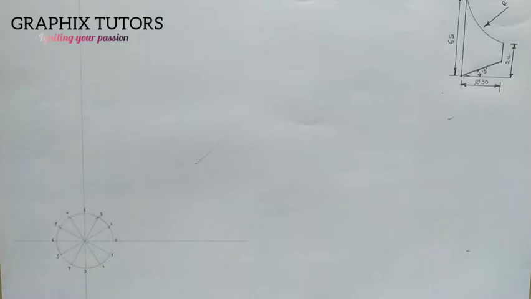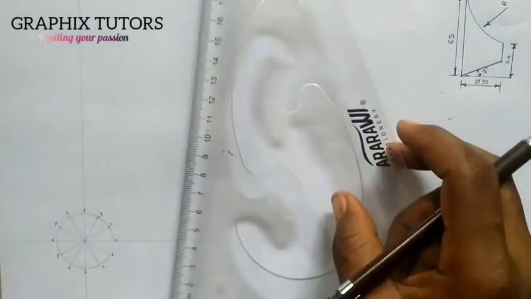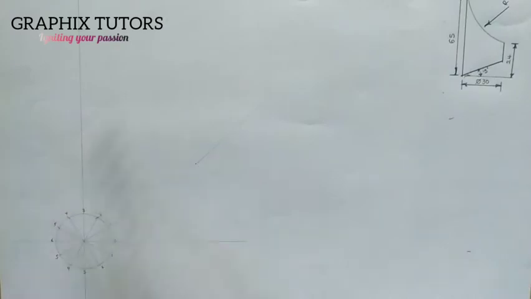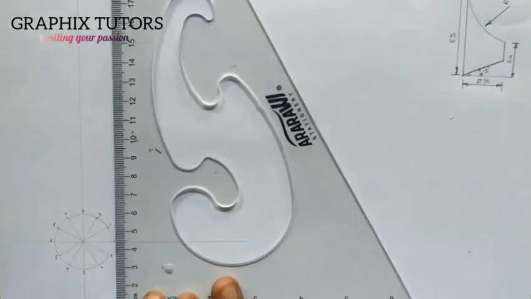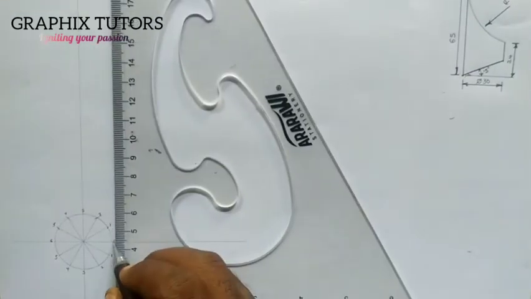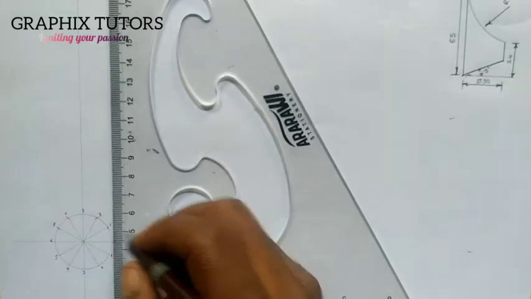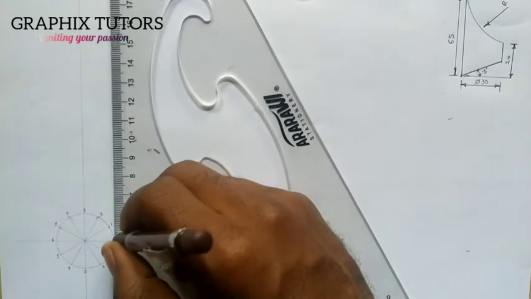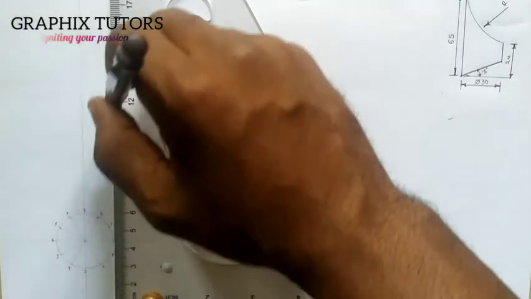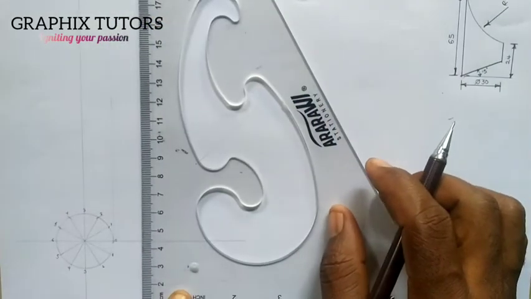Now in doing that, I'm going to use my set square to draw an imaginary line from each of these points. First of all, I'll start with the 2 ends, and I'm going to draw this upward this way. I'll come here also and draw it this way up. You can see that.